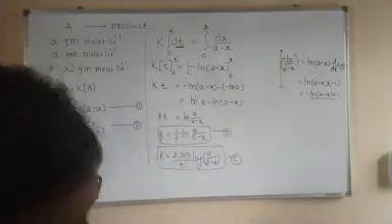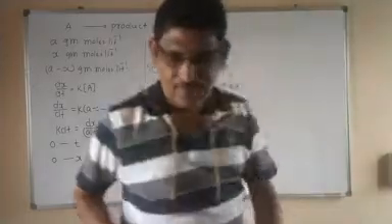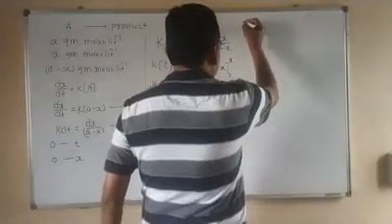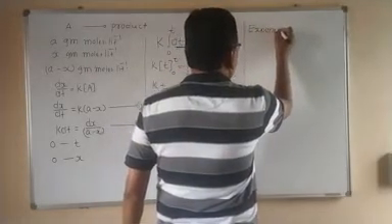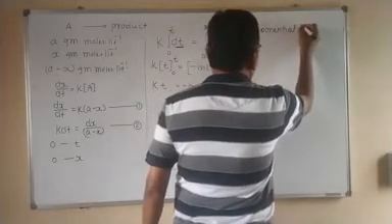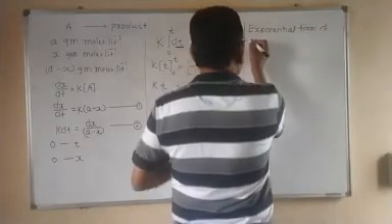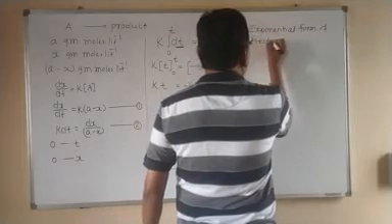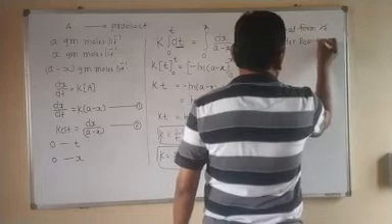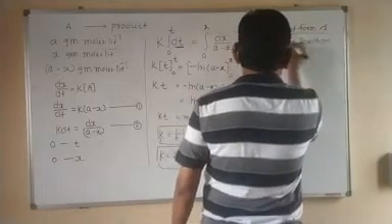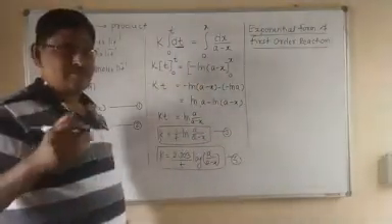Next one. Now, exponential form of first order reaction. That means this equation is to be arranged in the form of e raised to something.